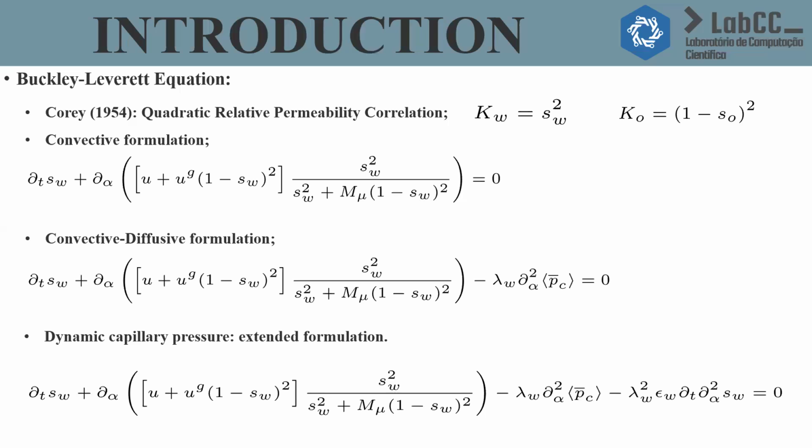But in this case, we use a quadratic representation where the relative permeabilities will be a function of the square of the saturation. So we substitute this term, and we have the equations now in this formulation.